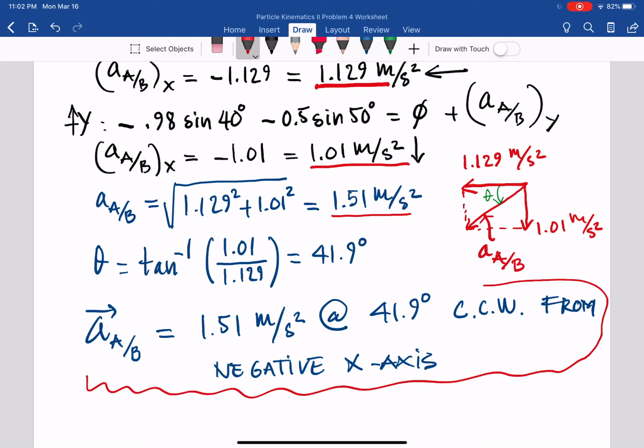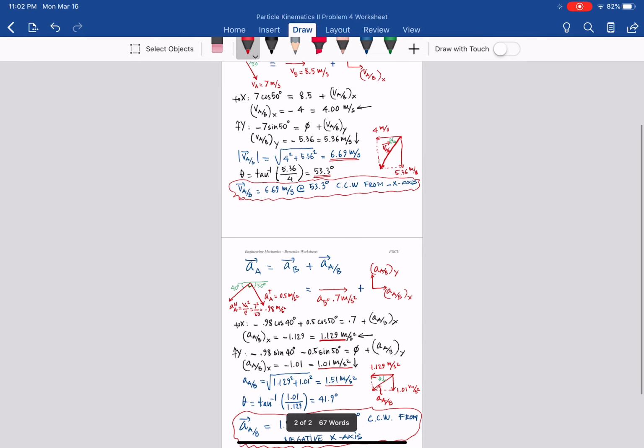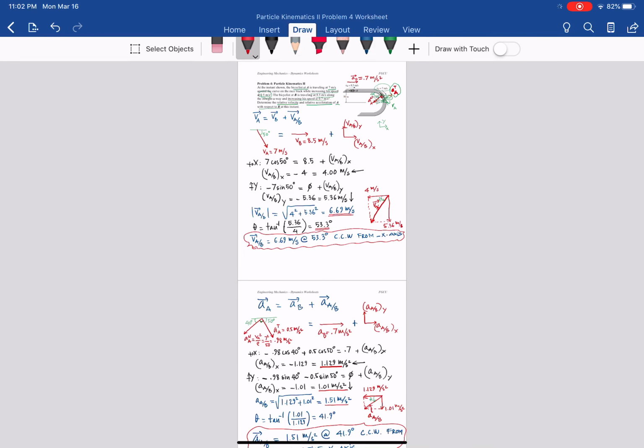I encourage you to always draw a big diagram to see what the angles should be and make sure you answer correctly. With that, we finish the solution for problem 4, and I also encourage you to look at the PDF solution, which is already available, to check some geometry.